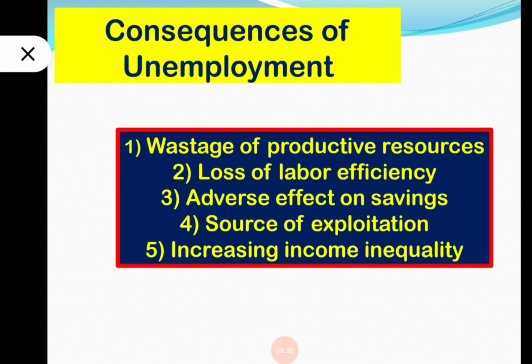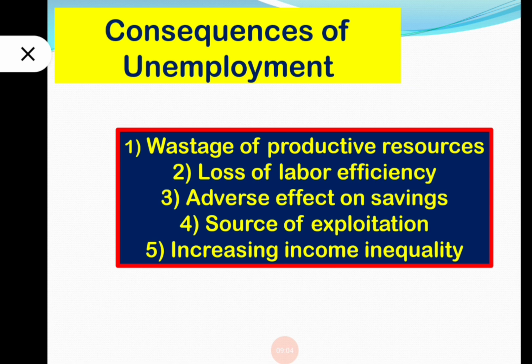So, unemployment leads to decrease in efficiency of the labor force, and this is for various reasons. The first point, when workers are out of work for long periods, there is a loss of skill and work habits. If the workers are not using their skill for a long time, they may lose their skills because skill remains so long as it is used.